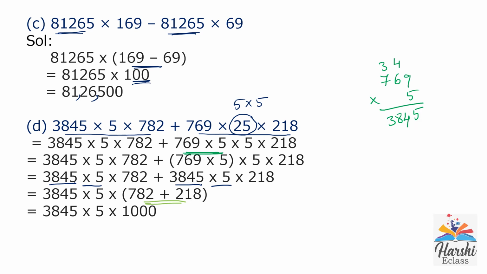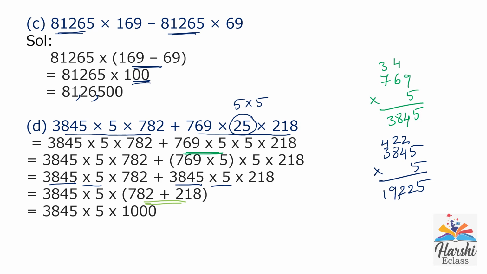Now 3845 multiplied by 5. 5 5s are 25, 2. 5 4s are 20 plus 2, 22. 5 8s are 40 plus 2, 42. 5 3s are 15 plus 4, 19.